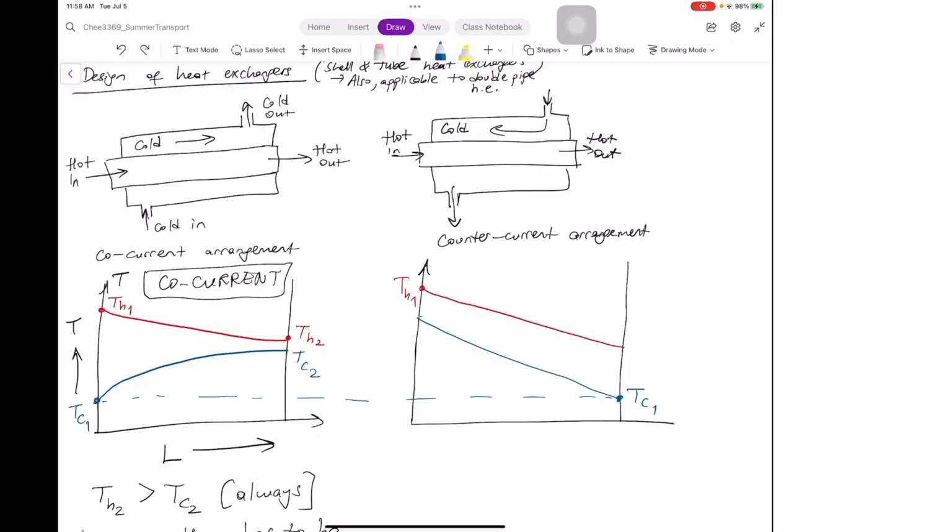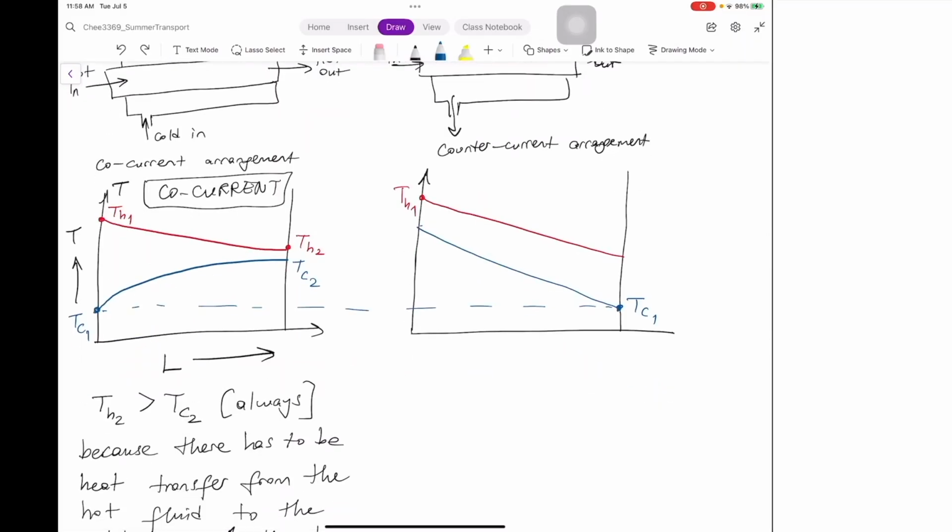But again, T hot 1 is larger than T cold 2 always, right? We say that T hot 1 is larger than T cold 2, always.